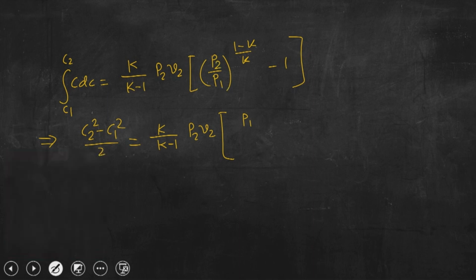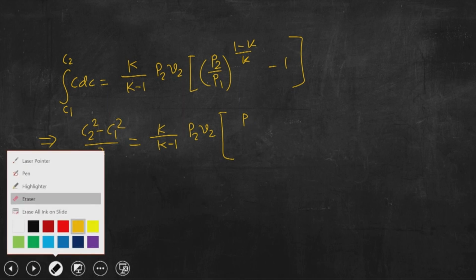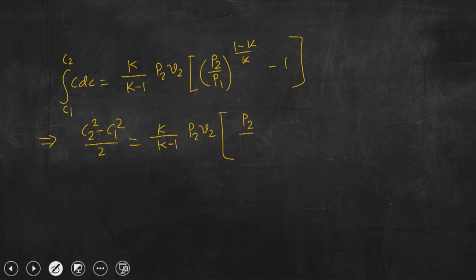Why we are trying to write in terms of P2, I hope you have understood, because we need to relate it with the critical pressure ratio. So, P2 by P1 to the power 1 minus k by k minus 1. We are trying to have the expression of C2 in terms of the critical pressure ratio.